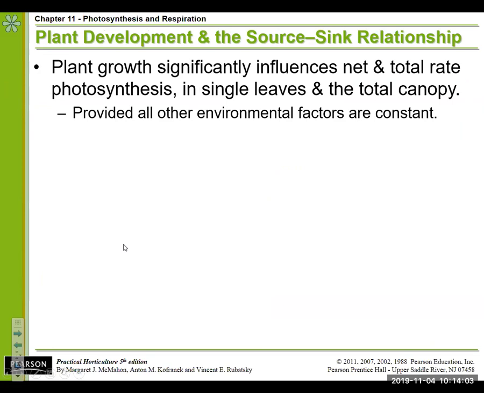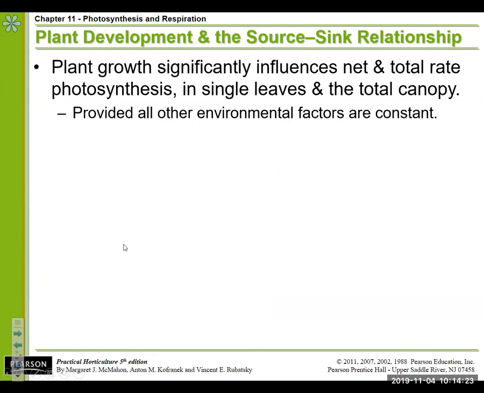So plant growth significantly increases with photosynthesis, as you might imagine, which again is driving all the metabolism for the plant. So the creation of the sugars, creation of all the secondary chemicals, proteins, the DNA, etc. It's important for life.